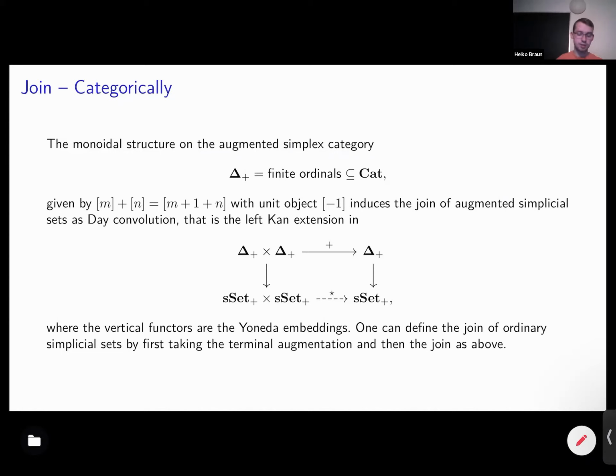And this is then in this case the terminal set, and there is only one map going into that in the Delta plus category, and that's the terminal map. So this is the construction of the join categorically, but you can also do it explicitly, and that's the following.